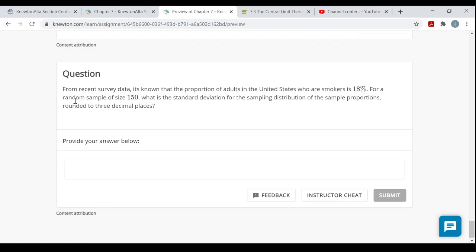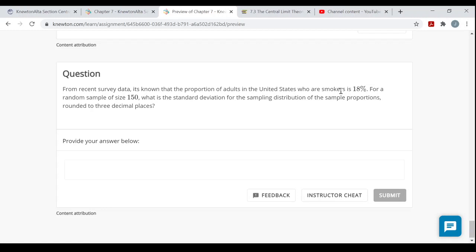For a random sample of size 150, so this would be the n, what is the standard deviation for the sampling distribution of the sample proportions? So what's the standard deviation for the p hats? If you were to look at all possible samples of size 150, take 150 people, what proportion of this sample smokes?